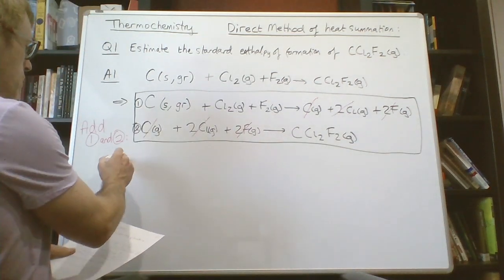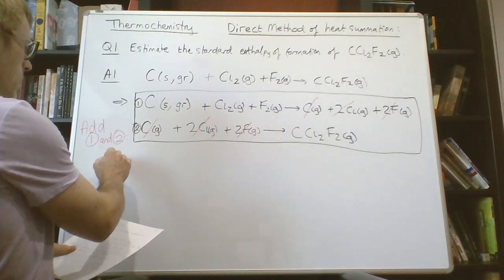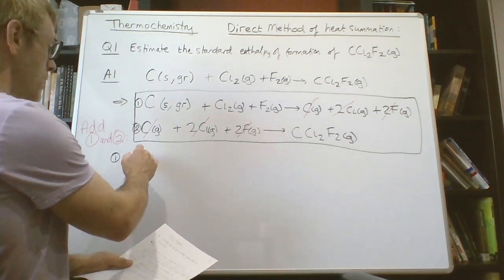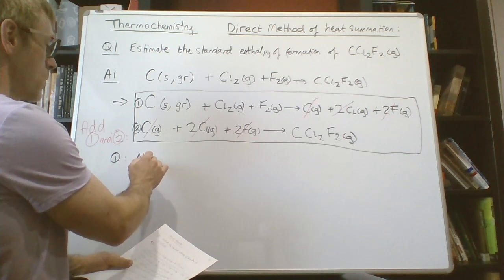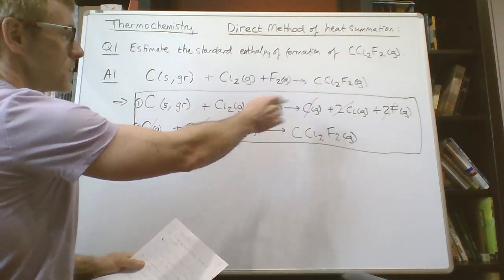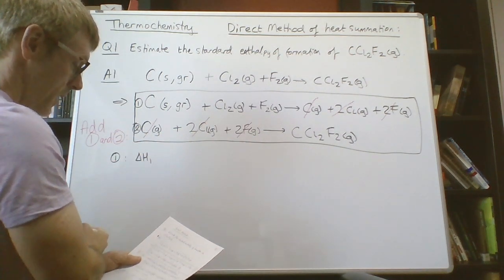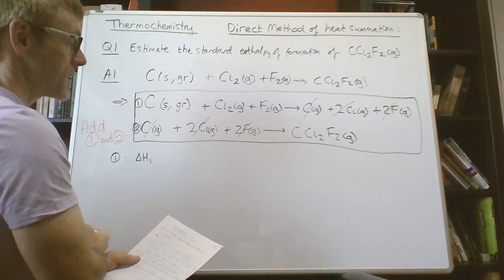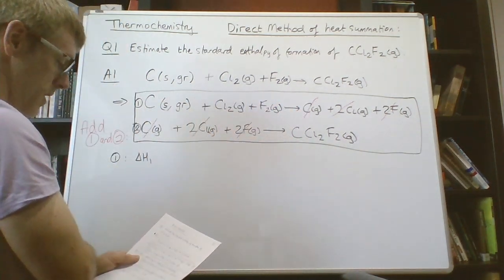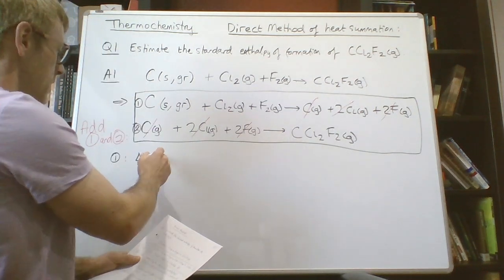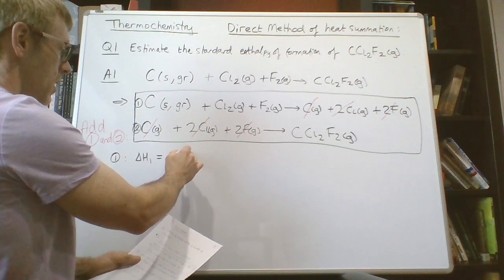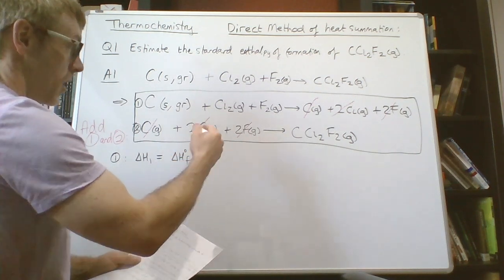If we look at equation 1, so if we look at equation 1 from up here, we know that the enthalpy change from this equation, okay, so the heat energy needed to do equation 1 is going to be essentially the energy needed to make the products minus the energy needed to make the reactants. So this is going to be the standard enthalpy of formation of the products.